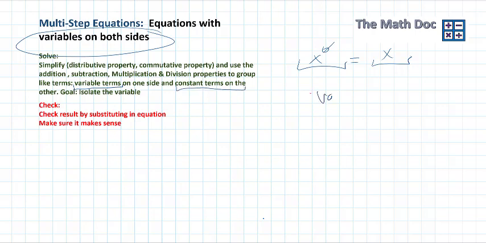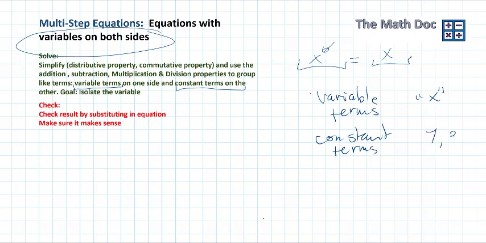So we have variable terms, and these involve our variable x or any other letter we use, and then we will also have constant terms, and constant terms involve numbers, 7, 31, 42, whatever they are, but they do not involve the variable. So our goal, as always, will be to isolate the variable so we can get the result.